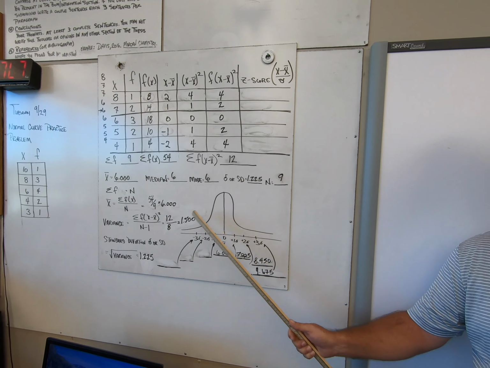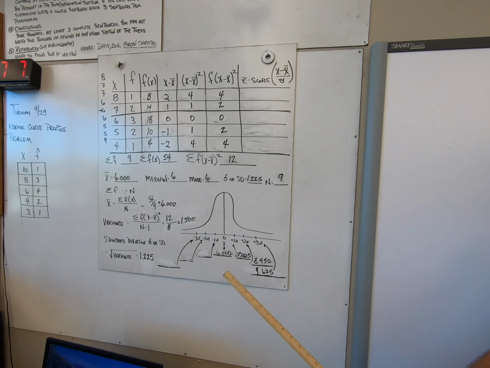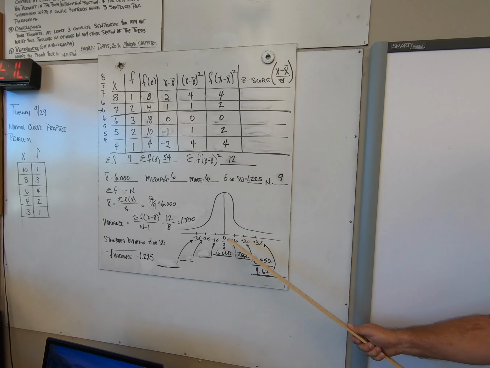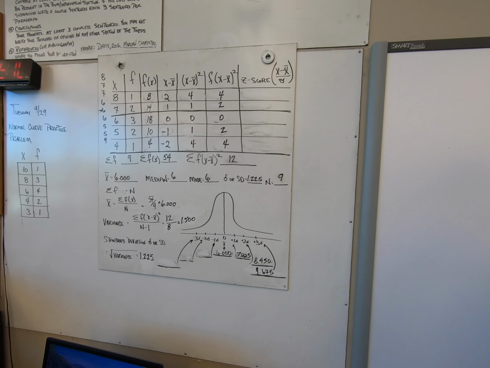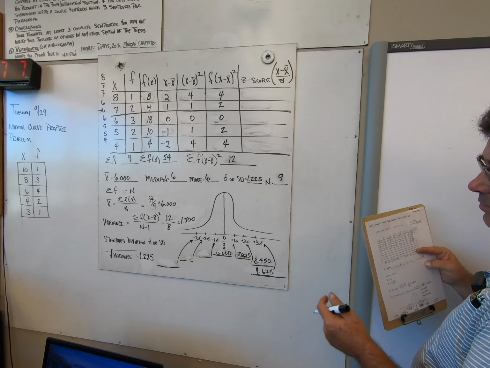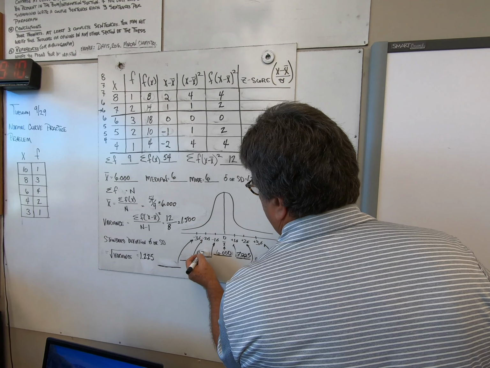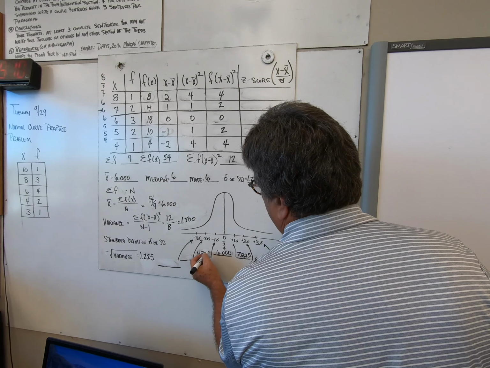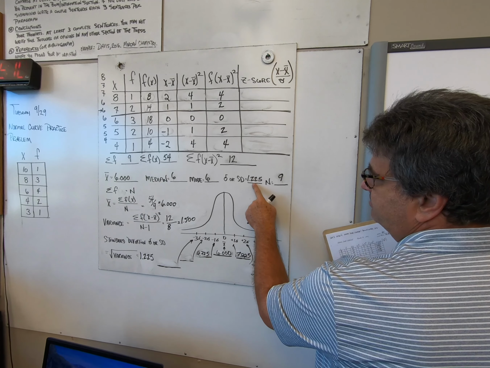If I go below the mean, what do I have to do to the mean to start going below? I have to subtract that number from it. So I go 6 minus 1.225, and I get 4.775. And all that is 6 minus this number.